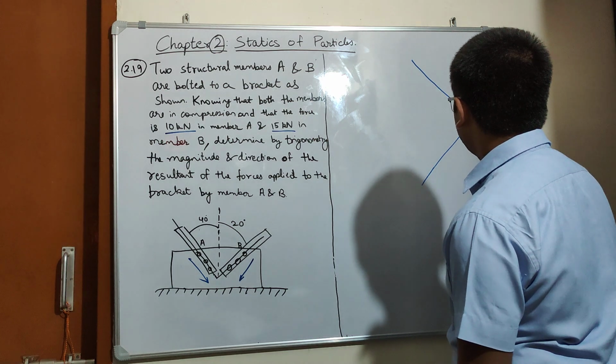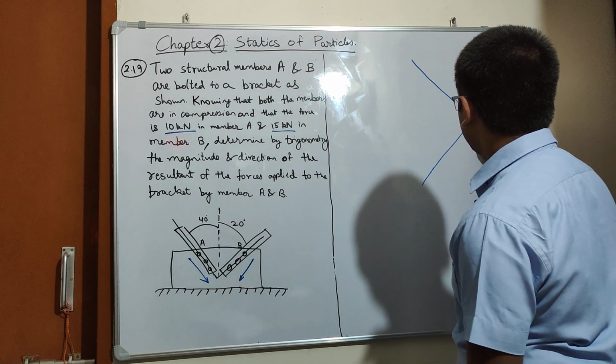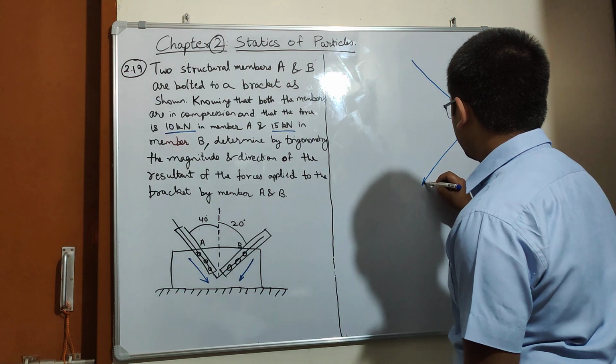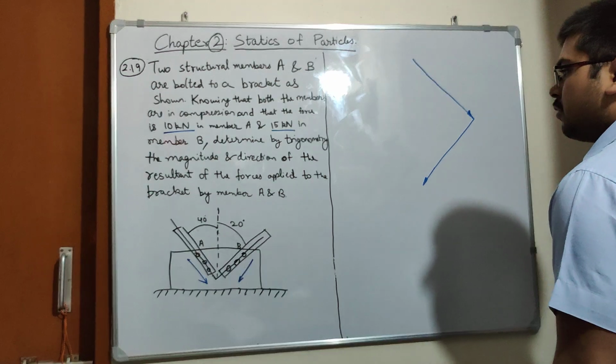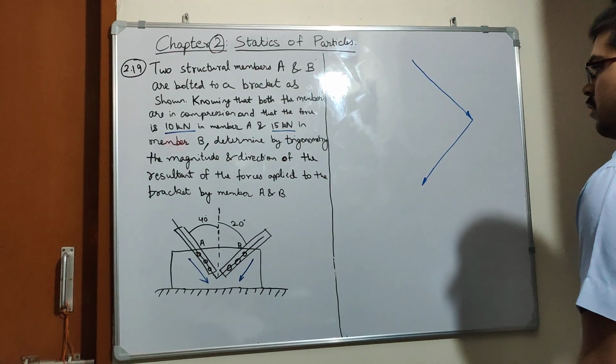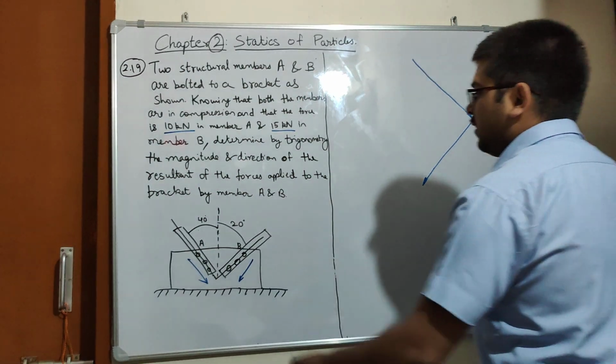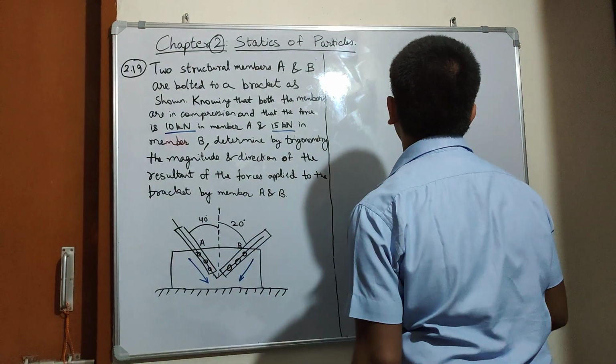Now we know that this A vector is acting at an angle 40 degrees.